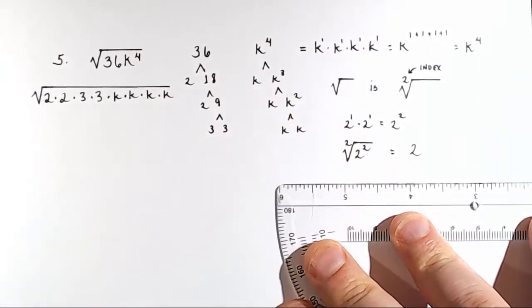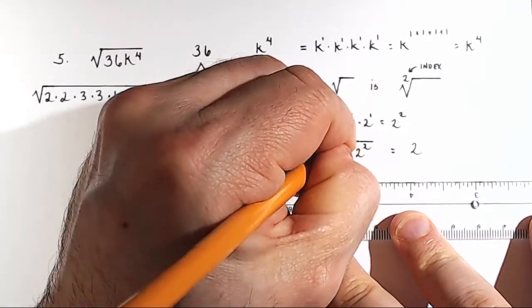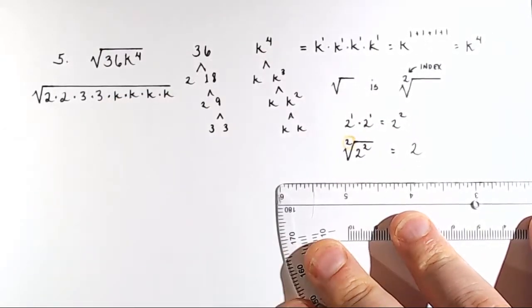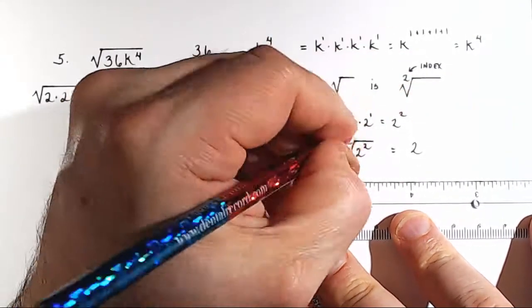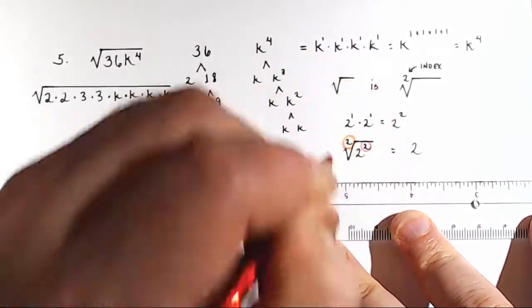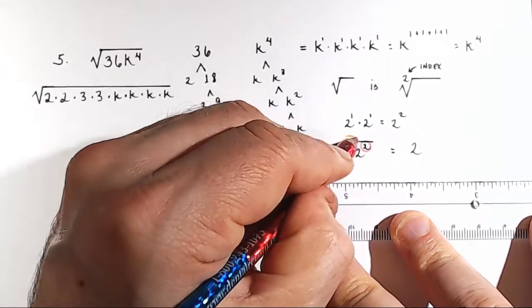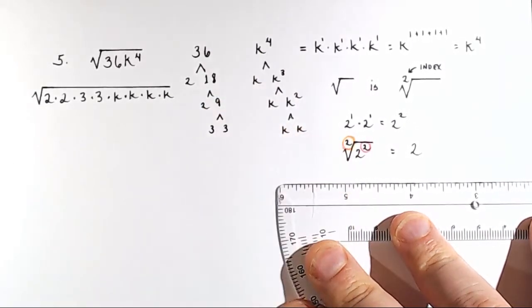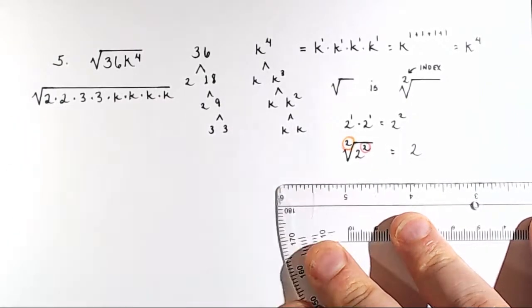So here's the key: whenever the index value matches the exponent, the root symbol, the radical sign, disappears. That's the rule. It's a neat little game.